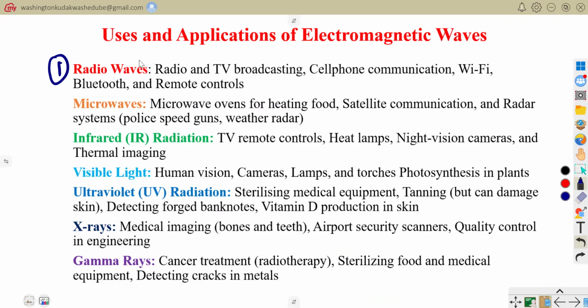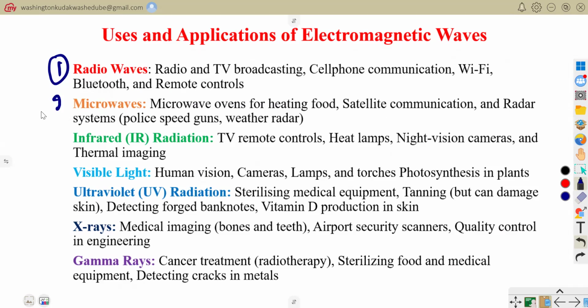They can also be used in manufacturing Bluetooth devices, like our speakers, our telephones, or all our Bluetooth devices. That includes remote controls that we use through Bluetooth. We make use of radio waves to manufacture and design these devices.